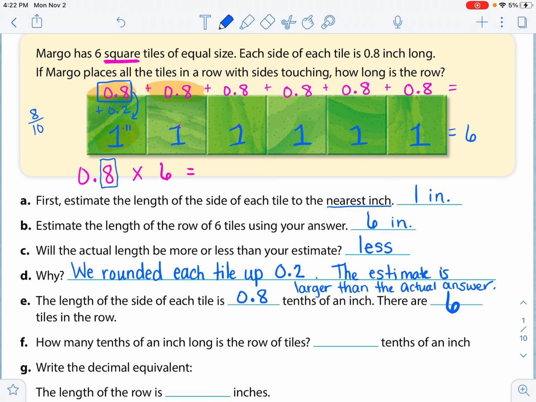Think about what those look like in base 10 blocks, boys and girls. We have the big hundreds block that we call 1 whole. Then we have those rods. Each one of those rods is a tenth. If you have 8 of them and you do 8 of them 6 times, how many of those tenths rods will you have?